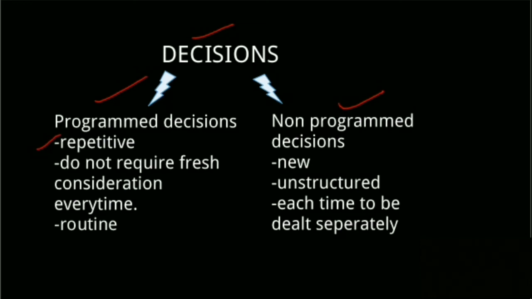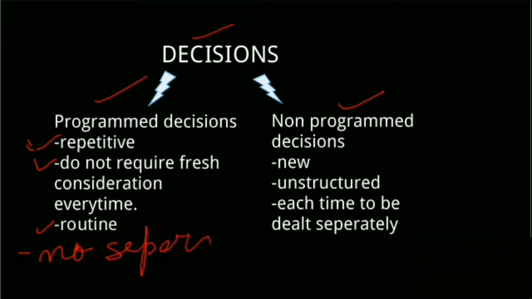Programmed decisions are repetitive, and they do not require fresh consideration every time they are taken. These decisions are routine in nature, and definite procedures can be worked out for them. Each decision need not be dealt with separately.